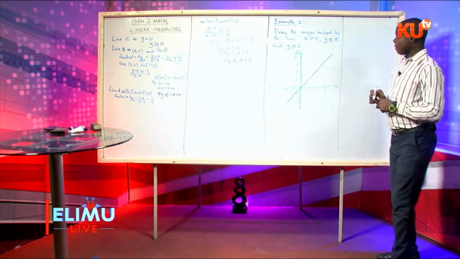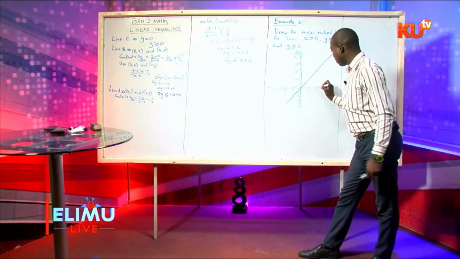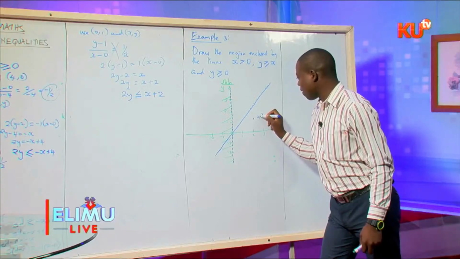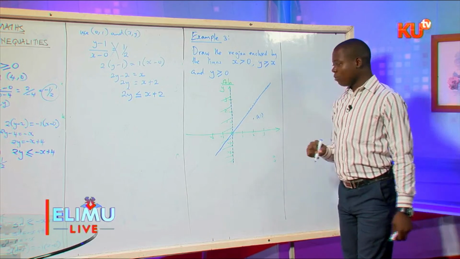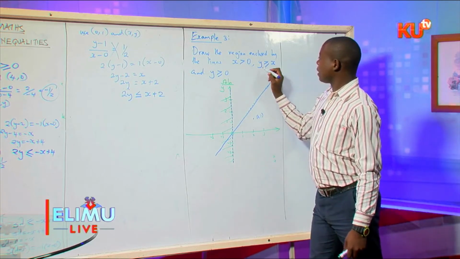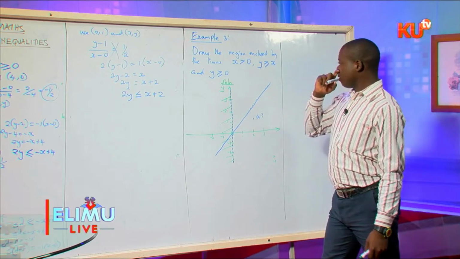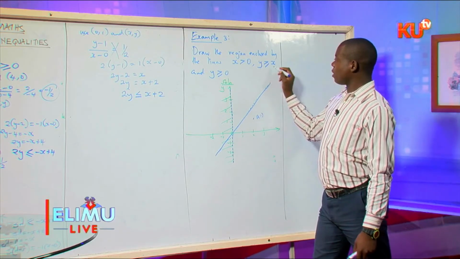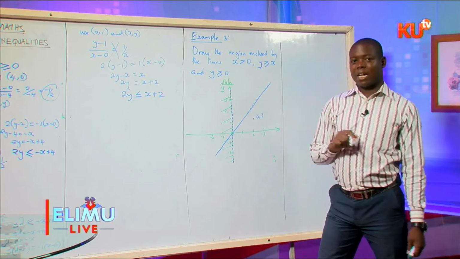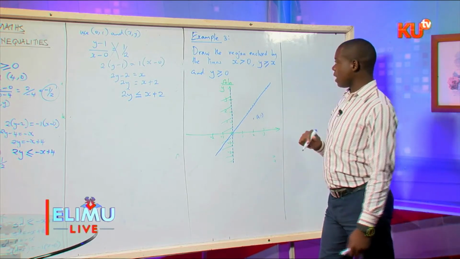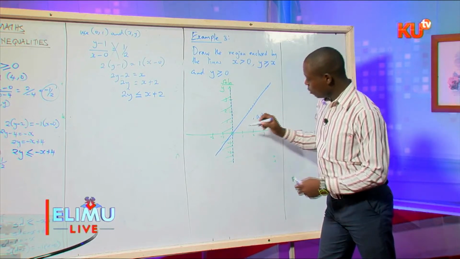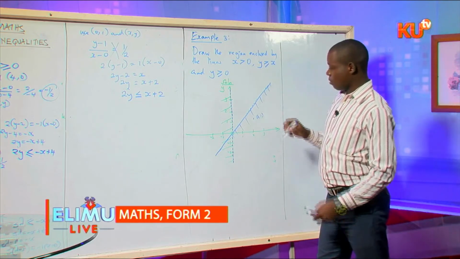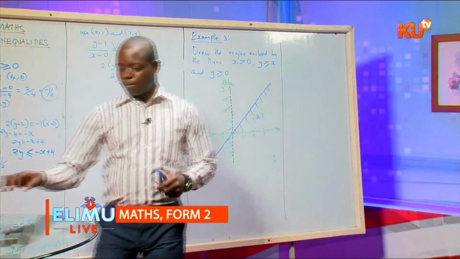Now, which side is greater? If we test, for example, the point 2, 1, where x is 2 and y is 1, 1 is less than 2. So we shall shade that side.